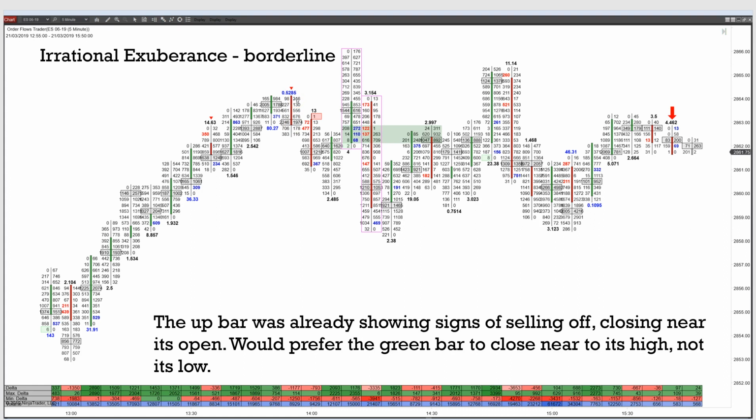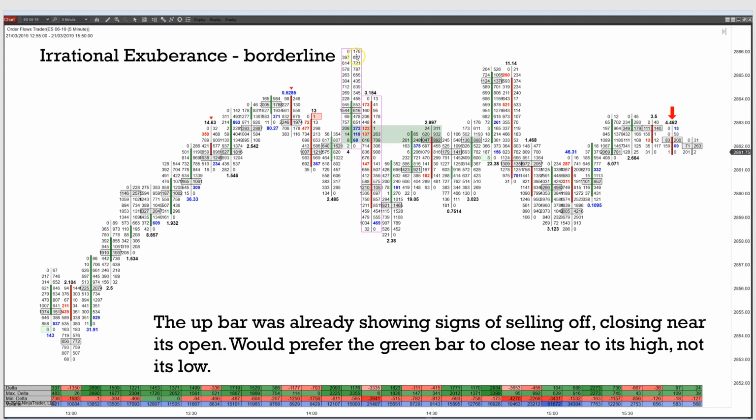Well, it's an outside bar already, so it's already closing below the low, which is a bearish sign. Then you get this bar right here, 15,000 contracts traded. But again, it's not the type where it closes up near its high. It's already sort of reversing, and then obviously you get the big down bar here, again on very heavy volume, big negative delta, but this is not really what I would consider irrational exuberance.